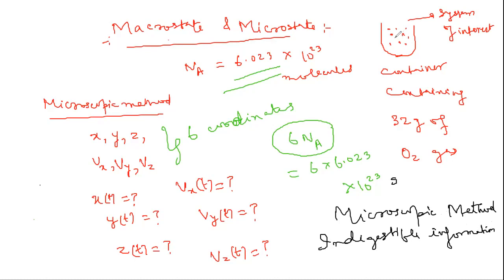If there are rotations and vibrations, the number of variables will further increase. And if you increase the number of molecules, make it 2 mole, 3 mole, then it is going to be a further complicated situation, because the number of variables will become large. So we say the information is indigestible. So microscopic method is not possible.